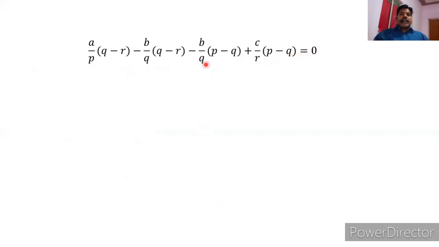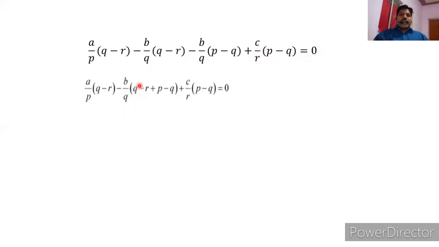The terms are A by P into Q minus R, and these two terms have minus B by Q, so we can take minus B by Q common from these two terms. In the next step, A by P into Q minus R, take the minus B by Q common. So what happens? Q minus R plus P minus Q. Why? Because we have already taken the minus also common here. So the term is Q minus R plus P minus Q plus C by R into P minus Q is equal to 0.